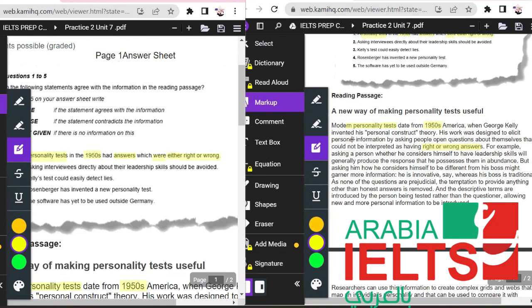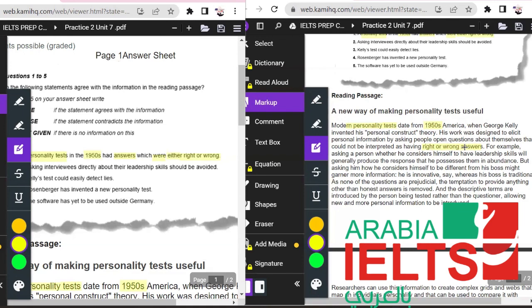The text says modern personality tests date from 1950s America, when George Kelly invented his personal construct theory. His work was designed to elicit personal information by asking people open questions about themselves that could not be interpreted as having right or wrong answers. What do you guys think about this statement? What about this information and the text information?